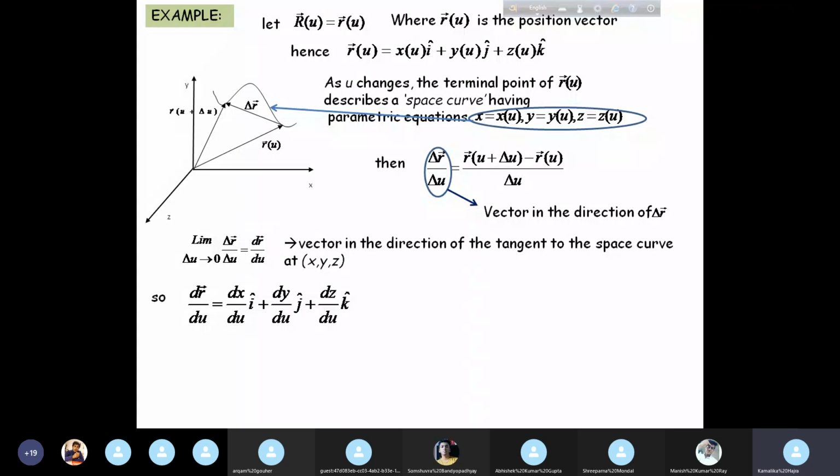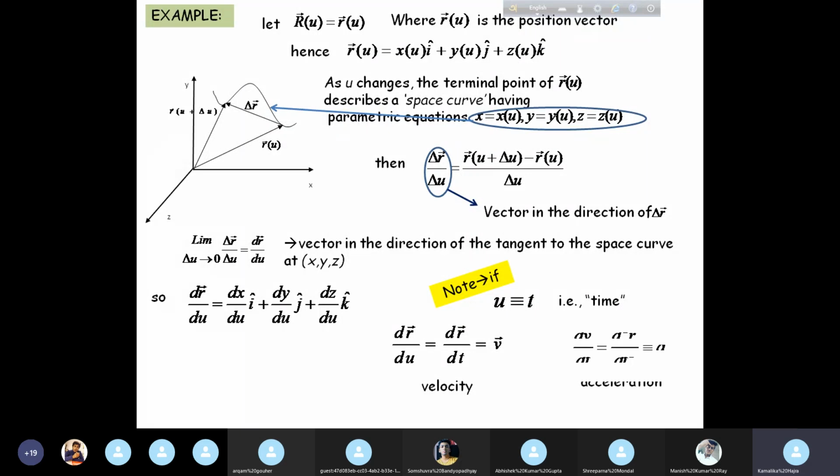Now from this you can quickly understand that if the parameter u is t, that is time, then this dr du is dr dt, which is equal to v, that is velocity. And you can take higher derivatives, dv dt, that is d2r dt2, which will give you acceleration, and so on and so forth.